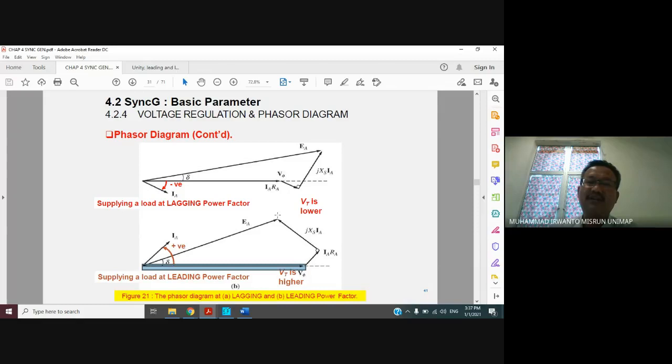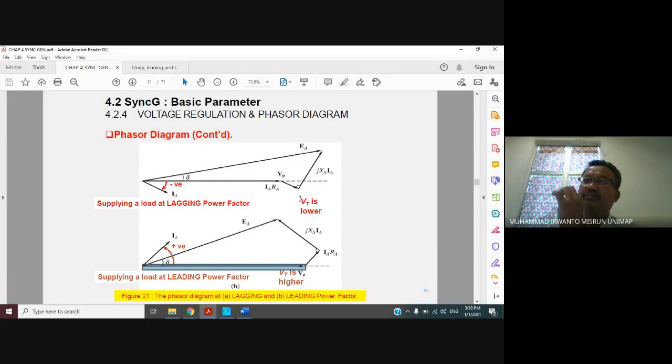The angle between the phase voltage and the internal generated voltage, we give the symbol delta. Remember, when we have a leading power factor, the terminal voltage or phase voltage is higher than the internal generated voltage.